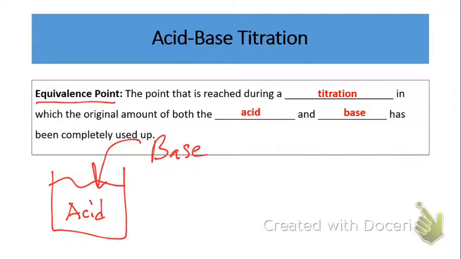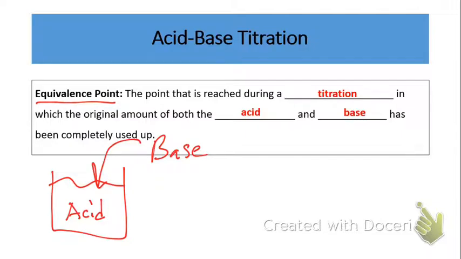But over time, as we add more and more base, the base is going to use up more and more acid. So as far as stoichiometry is concerned, the base initially is the limiting reactant, and it will be completely used up and use some of the acid, but for the most part, the acid will be in excess.